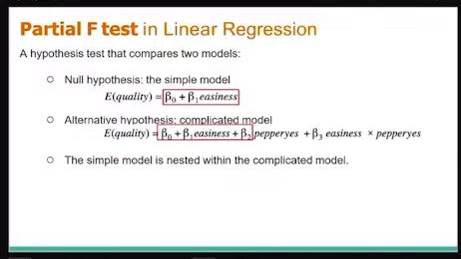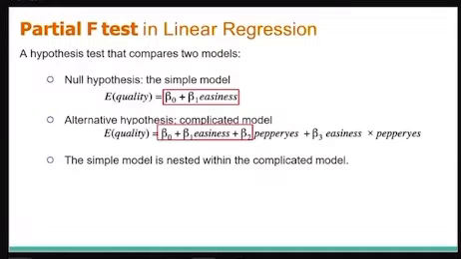The second one has the main effect and the interaction. And don't forget, before using a partial F-test or nested F-test, the simple model has to be nested within the complicated model.